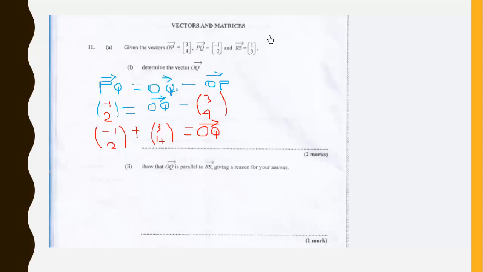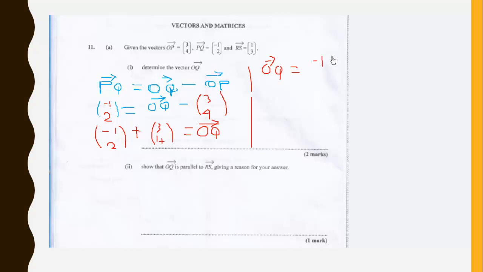So our vector OQ is equal to, now when we add vectors, we add the corresponding components.